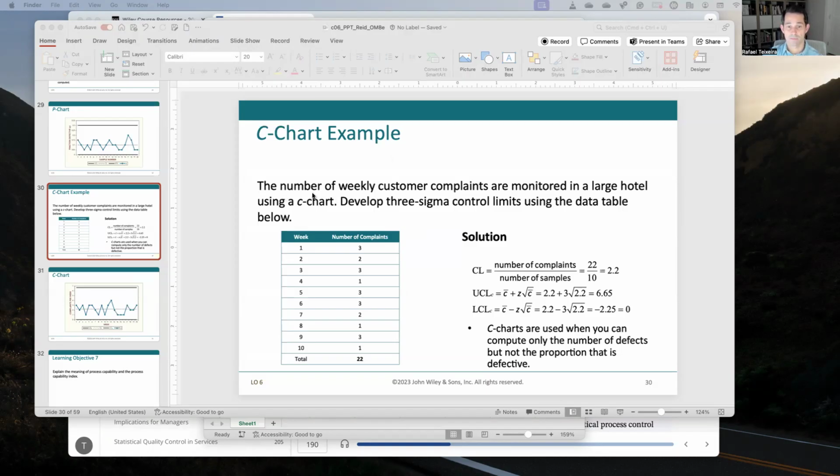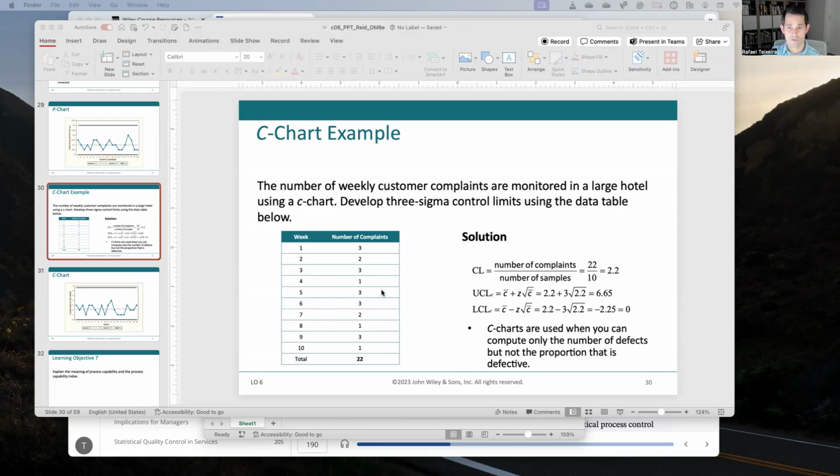Here we have the number of weekly customer complaints, which are monitored in a large hotel using the C chart. We want to develop 3 sigma, which is 3 standard deviation control limits, so three standard deviations above and below the central line, using the table below.